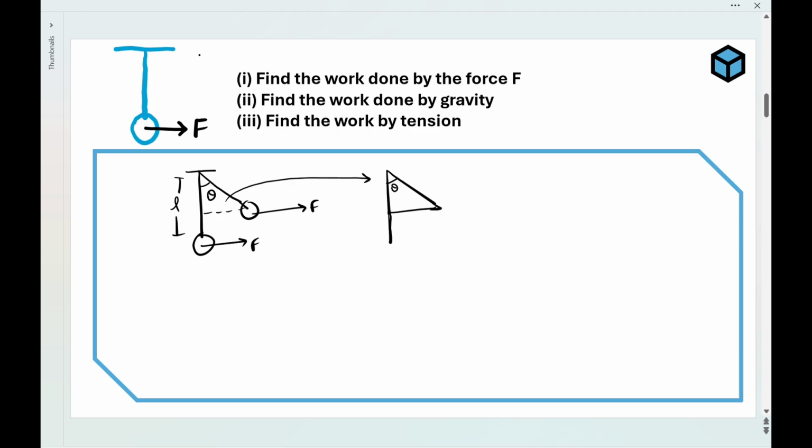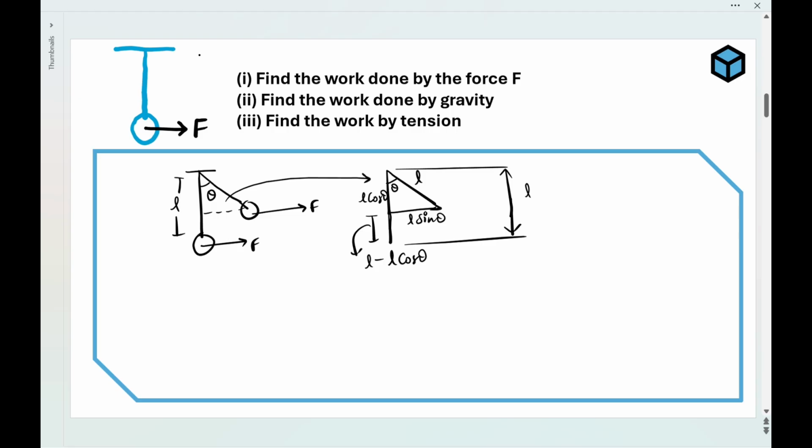Since this is theta and this is L, we can write this length as L sin theta, this as L cos theta, and we know that this total length is L. So we can write this small length as L minus L cos theta.